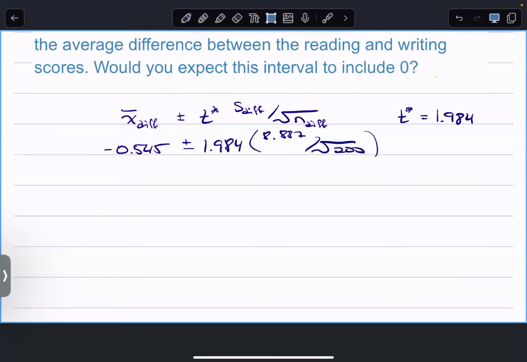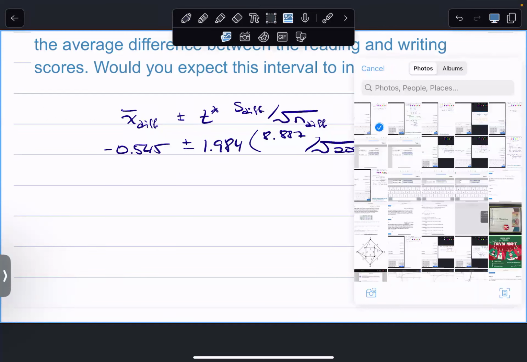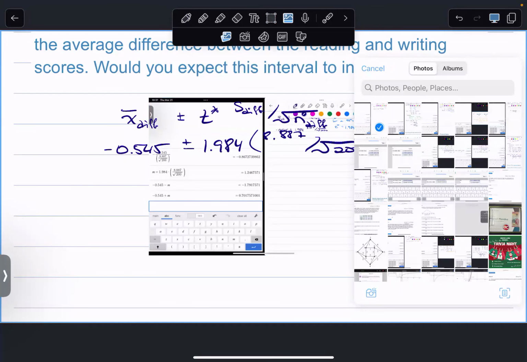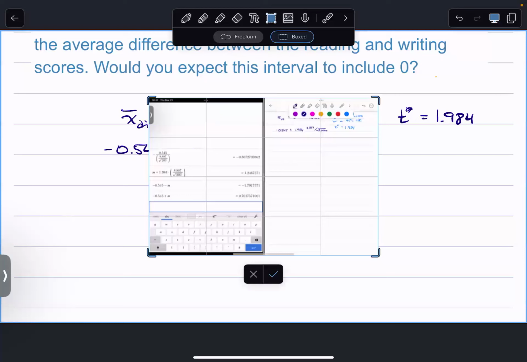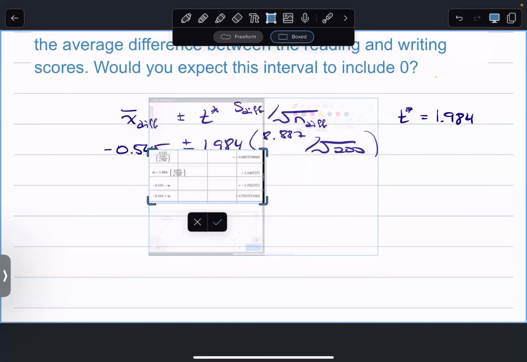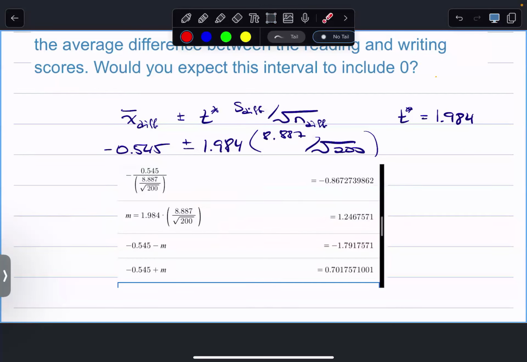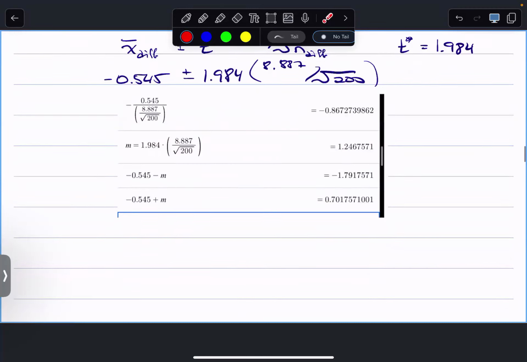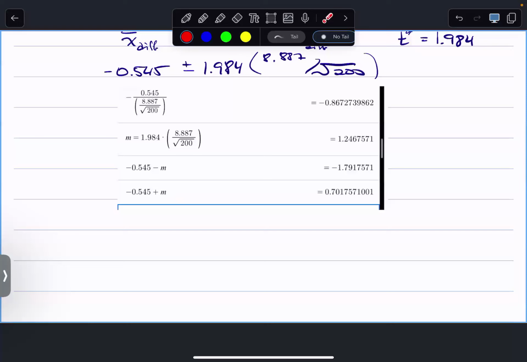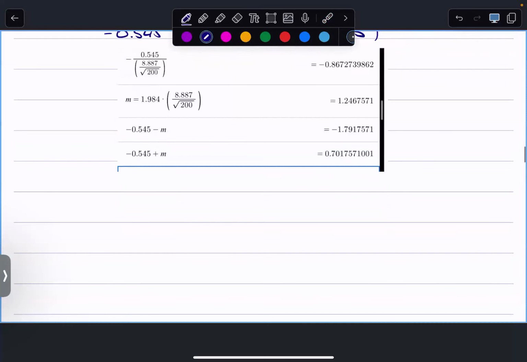And I have that here. So again, plus minus chunk is my margin of error, which I called M. And then I subtracted M and I added M. And I found that the interval for the mean difference was between negative 1.79, let's just go 2 decimal places, and 0.70.